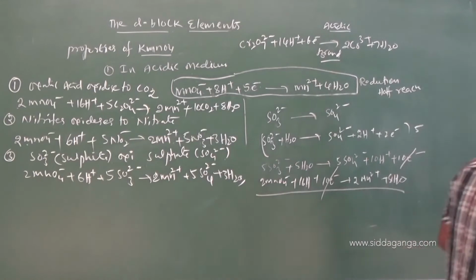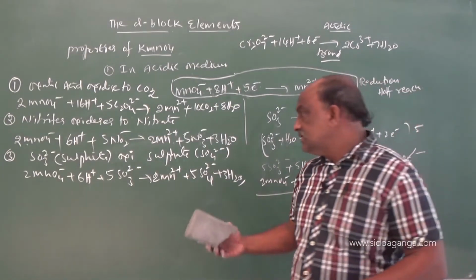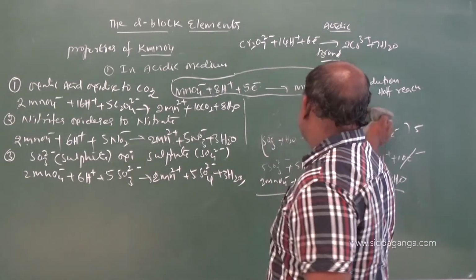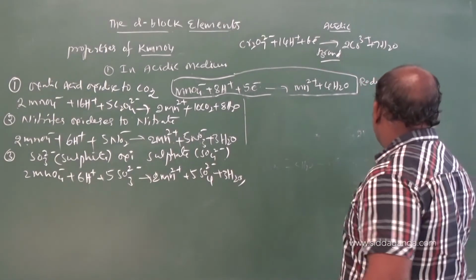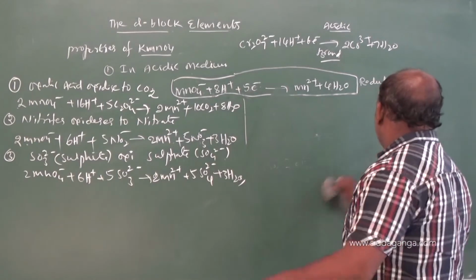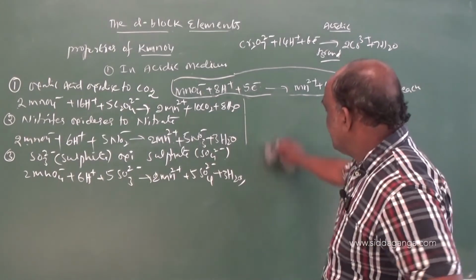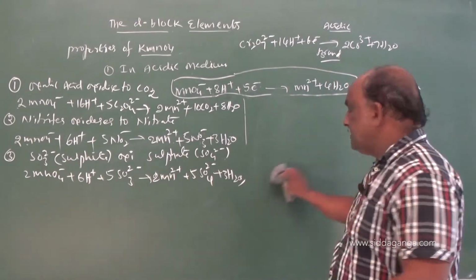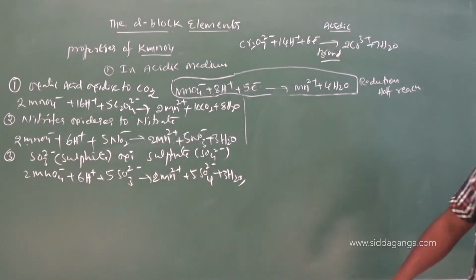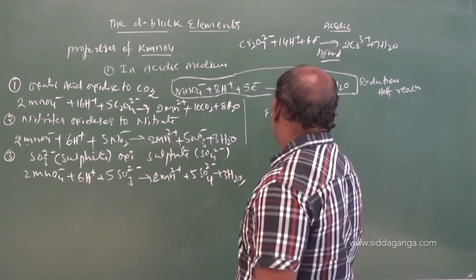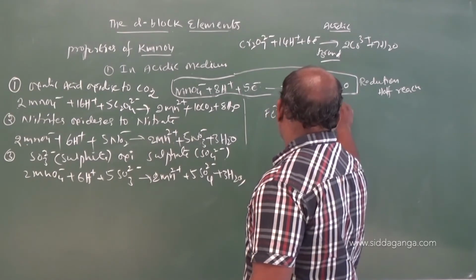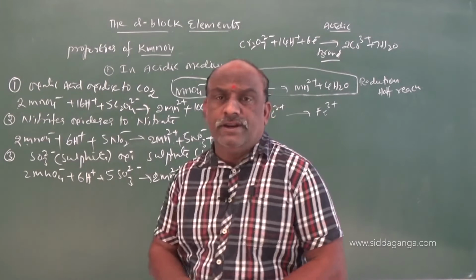Suppose there is one more example regarding this. After sulfites, ferrous salts, green ferrous salts, are oxidized to yellow ferric salts. That will be the last equation regarding this oxidizing property. Fe2 plus, green ferrous salts, oxidized to yellow ferric salts.